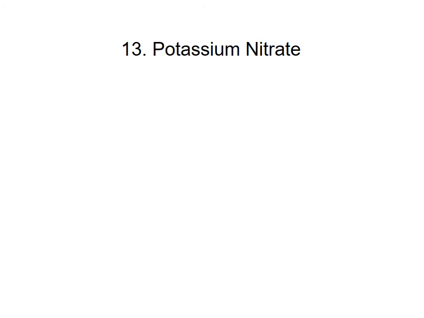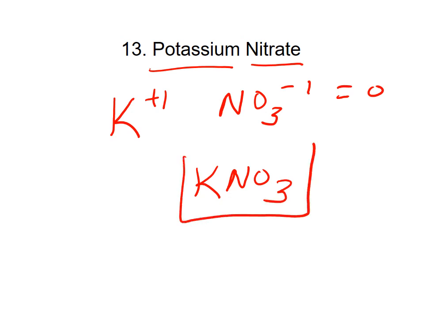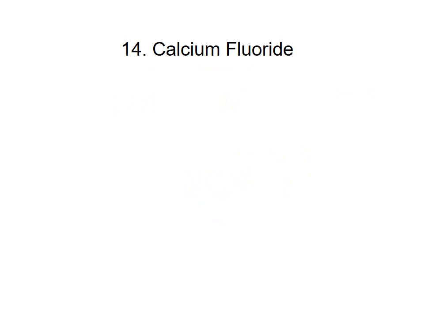On number 13, we have potassium nitrate. So potassium is K +1. Nitrate is polyatomic, NO3 -1. Plus 1 and minus 1 add to 0, so we just put these two together, KNO3. Number 14, we have calcium fluoride.